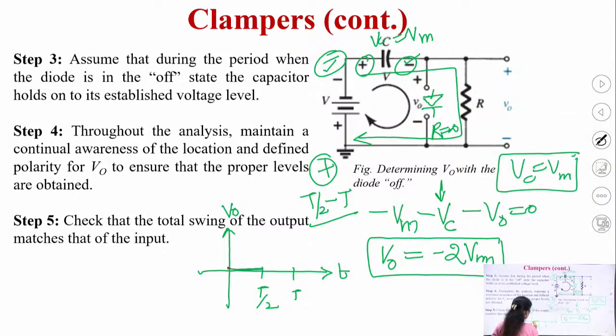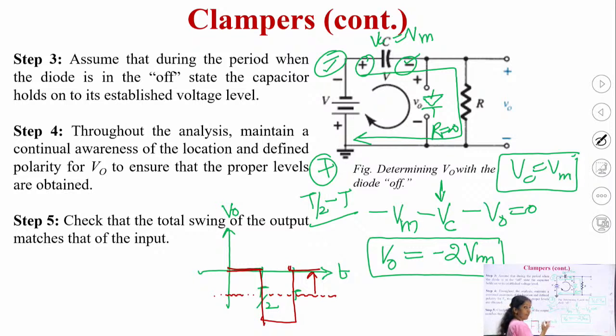And T by 2 to T, it is minus 2 Vm. So, here you see the DC level, initially the DC level was at this position and it is shifted upward, right, but the peak has been shifted towards the down, that means it is a negative clipper.